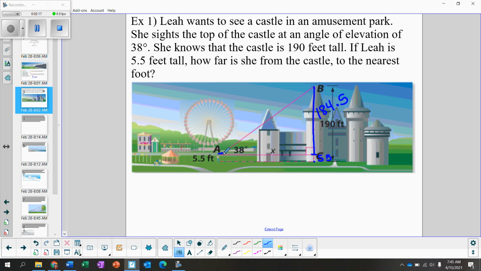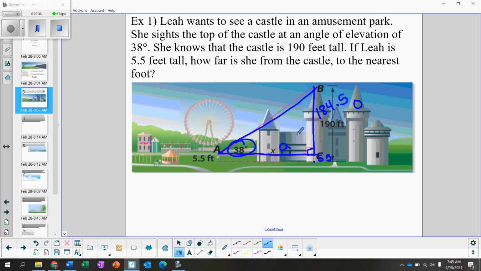We're looking for the horizontal distance, which is x, and we know the angle that we're using is 38 degrees. So this 38, that would be my opposite side. This would have been my hypotenuse. X is my adjacent side.